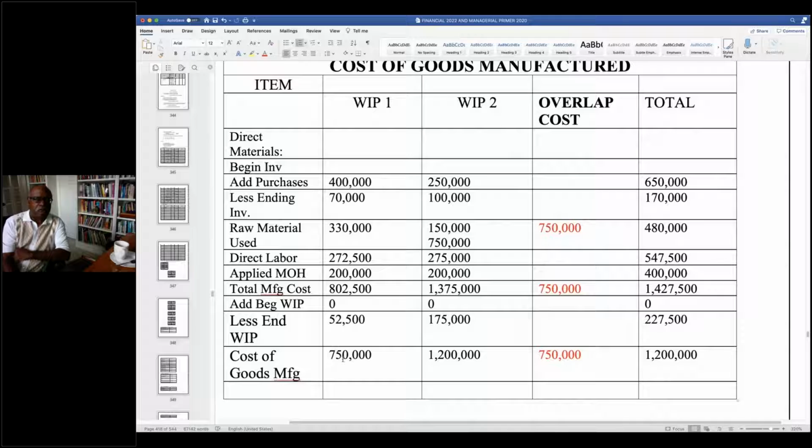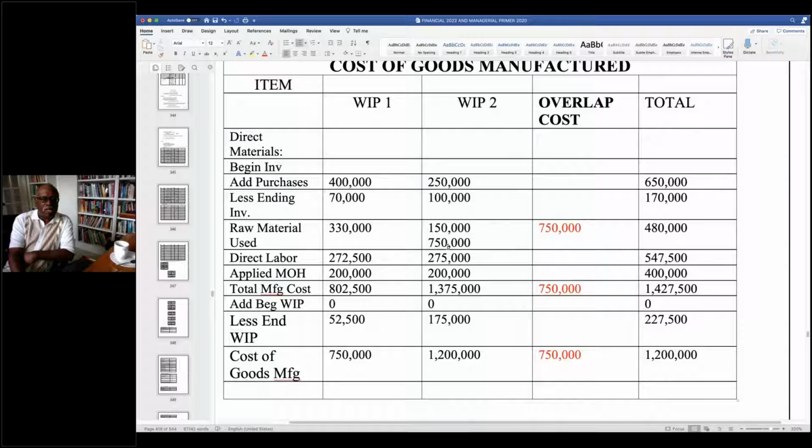The total costs incurred are $750,000 and $375,000, well, $775,000 or whatever. Okay, in terms of the total cost. And so we got to be at $1.2 million. Okay, so this 1,375 is including this 750.